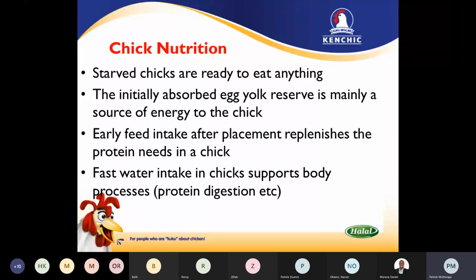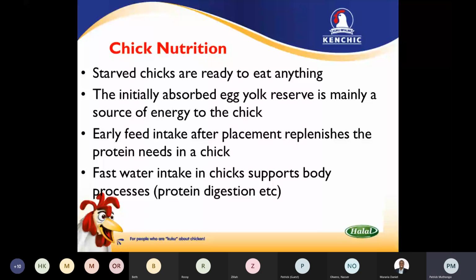So huyu kifaranga wetu anahitaji another supplemental source of energy immediately akifika kwa shamba, which you as the entrepreneur, you as the agripreneur should provide, and the bird should find optimum conditions so that it can find the feed and the water early, before depleting the yolk reserves.